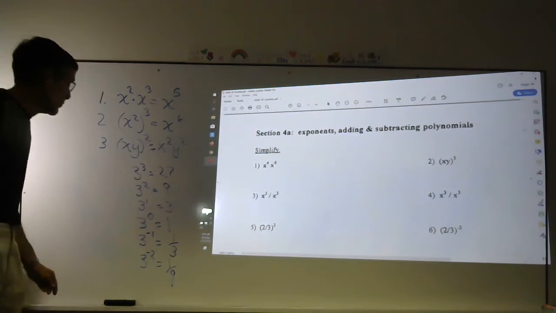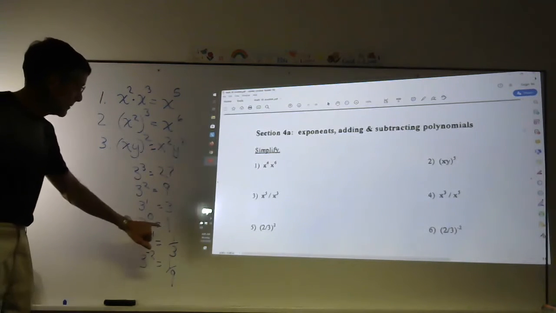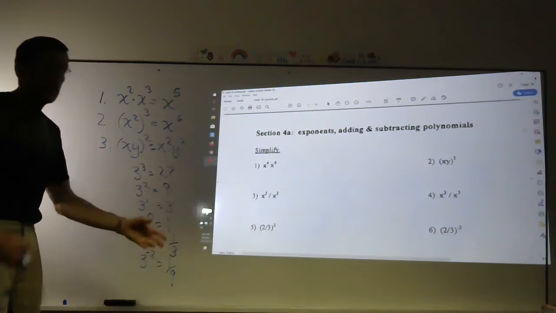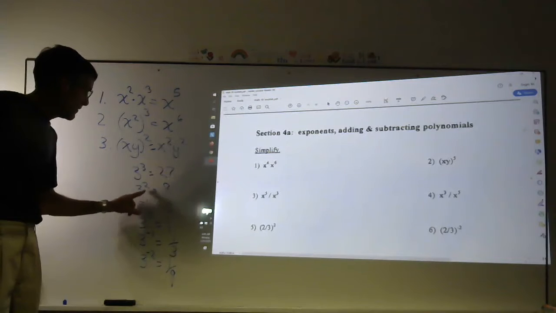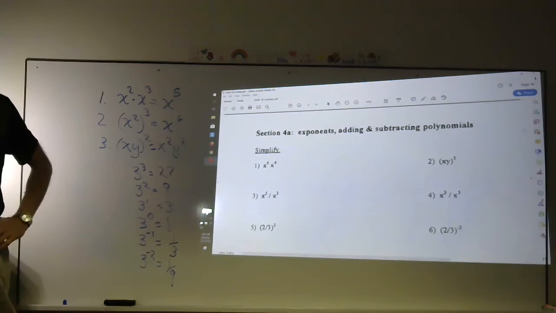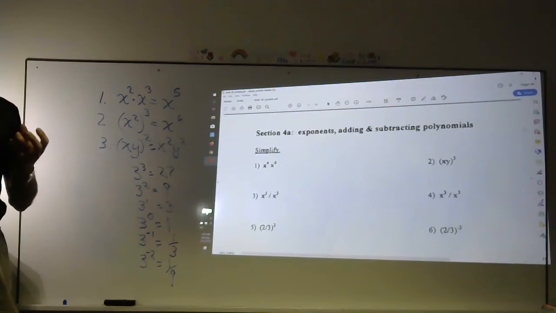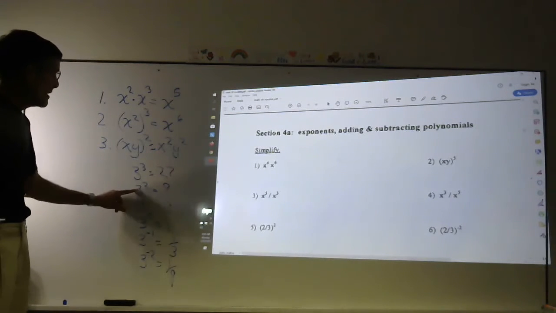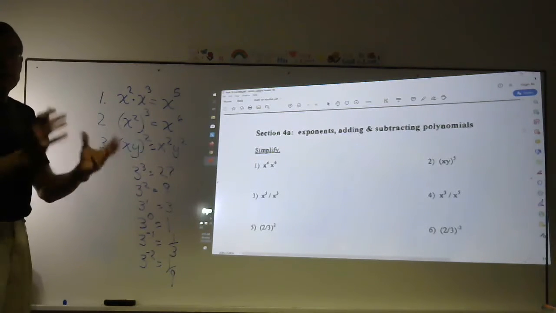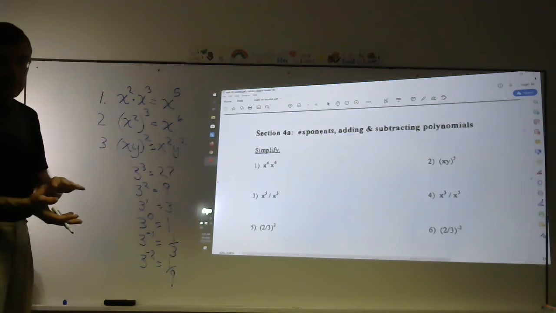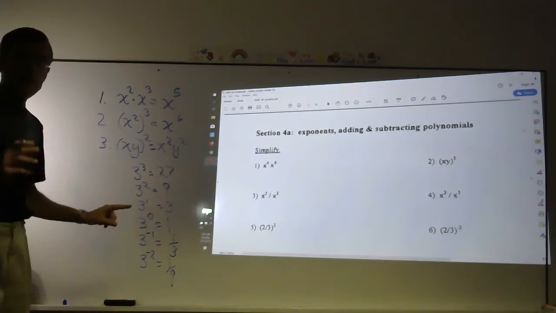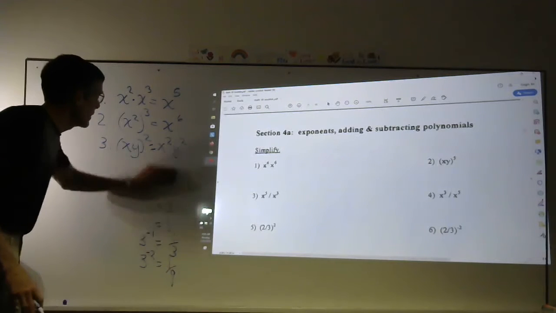Now, the cool thing about this, do you see how 3 to the first is 3, 3 to the negative 1 is 1/3. 3 to the second is 9, 3 to the negative second is 1/9. So a number to a negative power is the same as the number to the positive power, except it's flipped. Negative powers flip. 0 power is 1, negative powers flip. That's the way you've got to remember that.